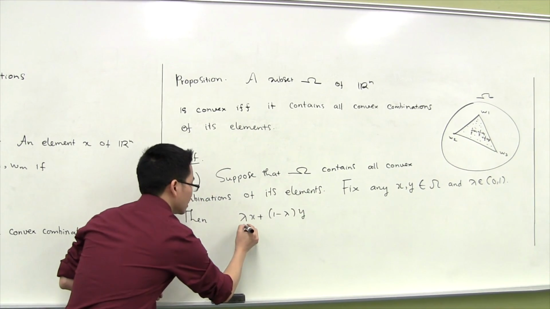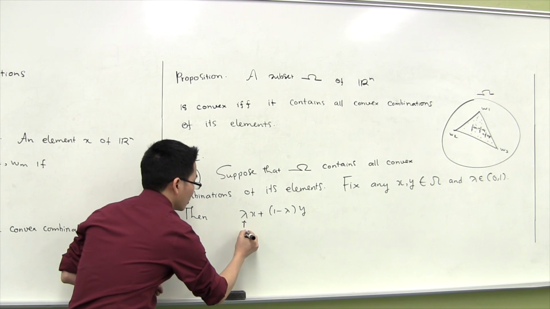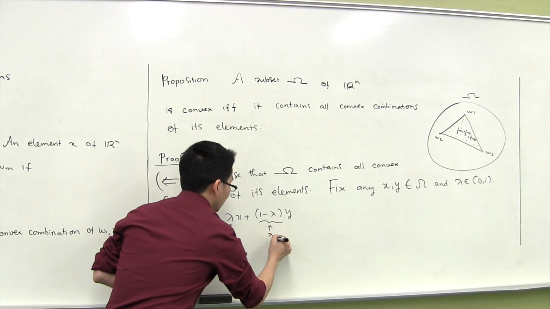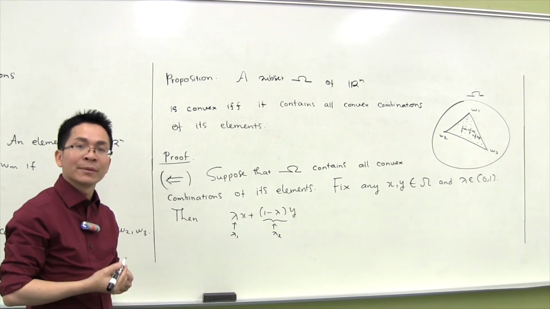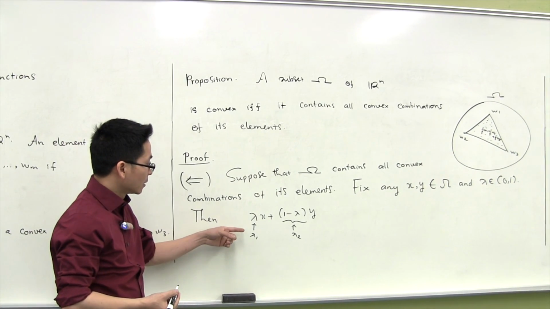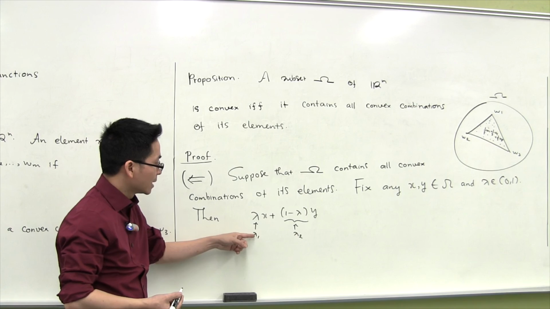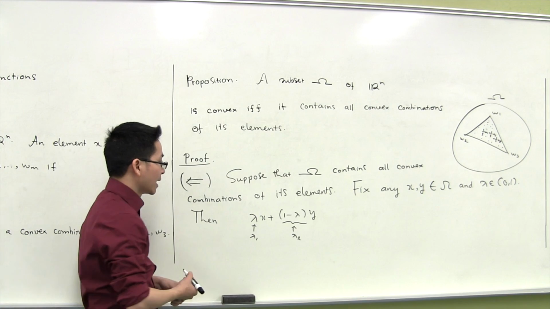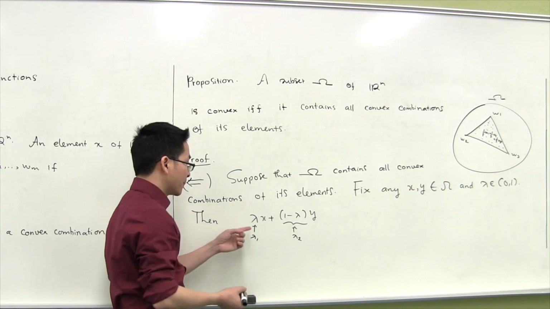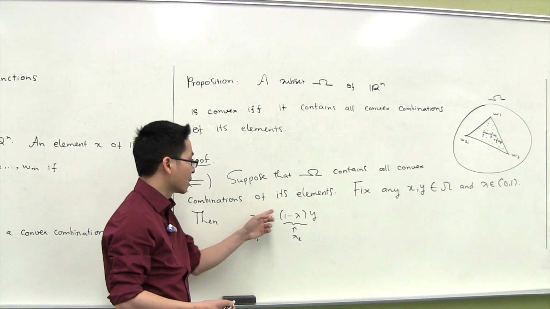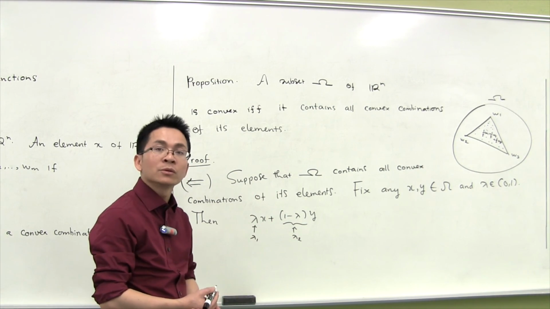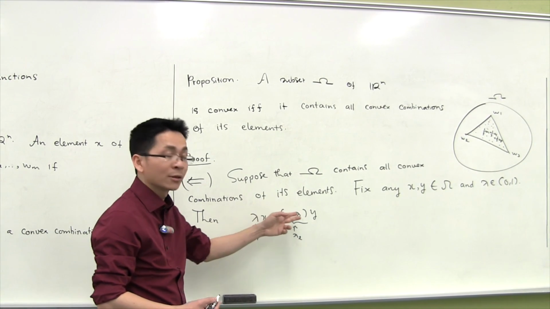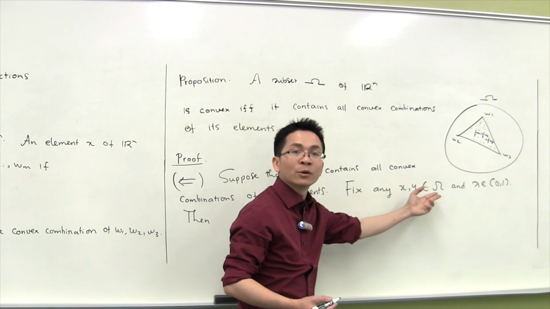Now, if we let lambda 1 be lambda and lambda 2 be 1 minus lambda, then we can see that lambda 1 and lambda 2 are both greater than or equal to 0. At the same time, the sum of lambda 1 and lambda 2 is lambda plus 1 minus lambda, so it's equal to 1. Therefore, this is a convex combination of x and y, which are two elements of omega.